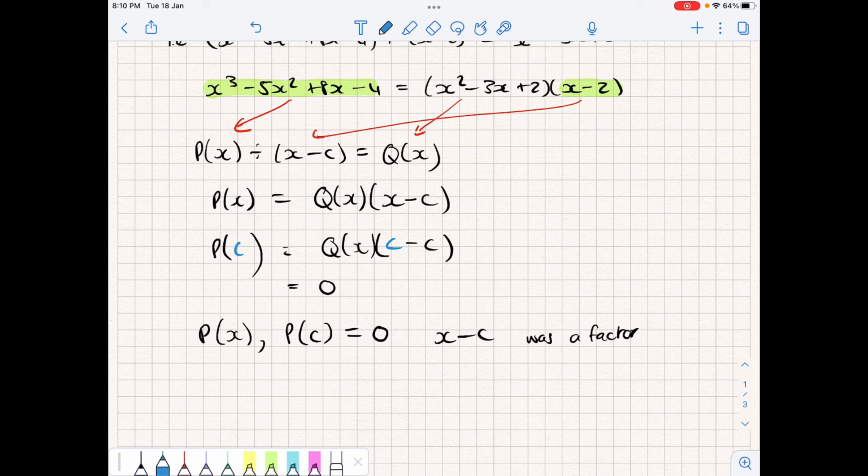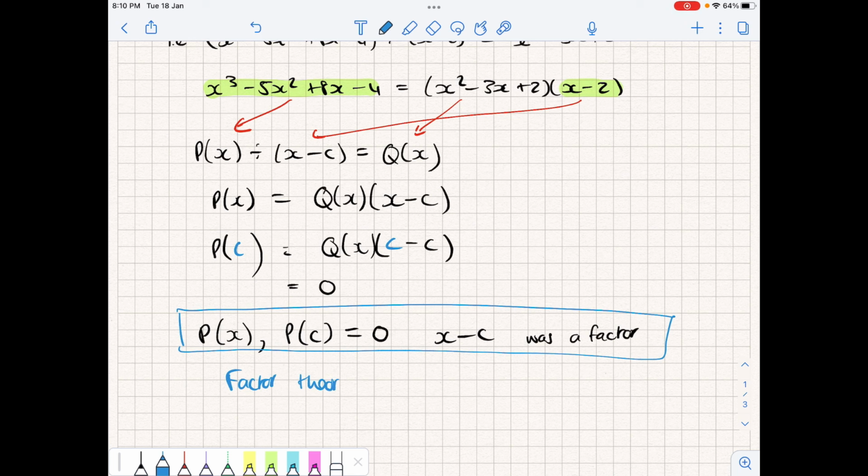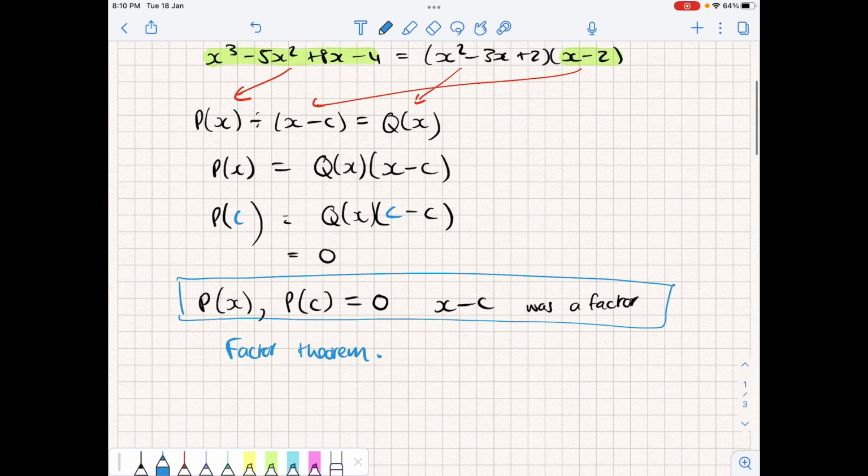Now, this thing that we've just discovered is what we call the factor theorem. Again, substituting a value into a polynomial, if the value gives us an answer of 0, then that number in this arrangement is a factor, x minus, so we change the sign of the number.